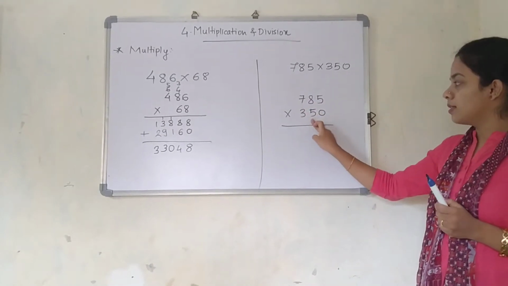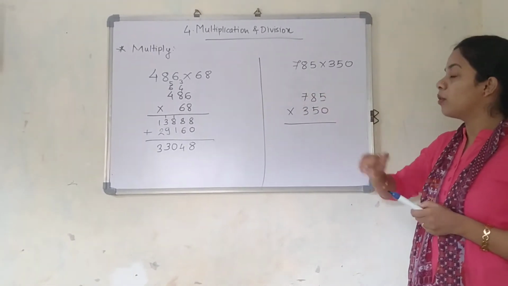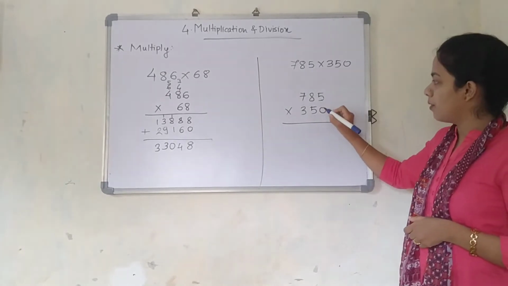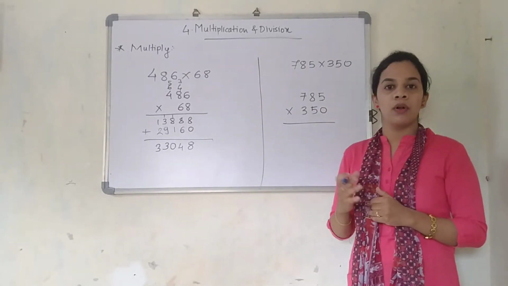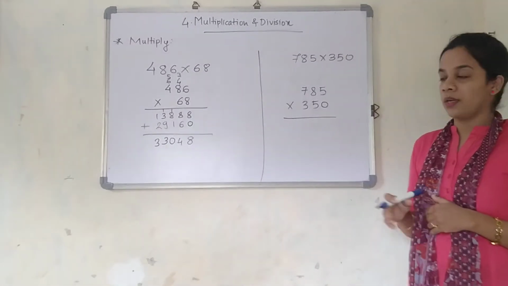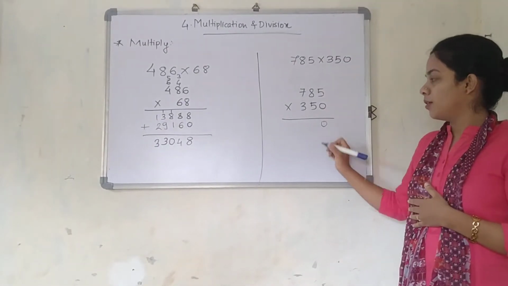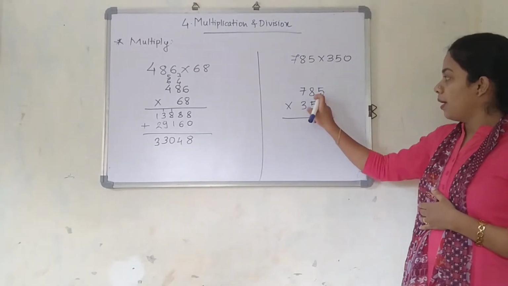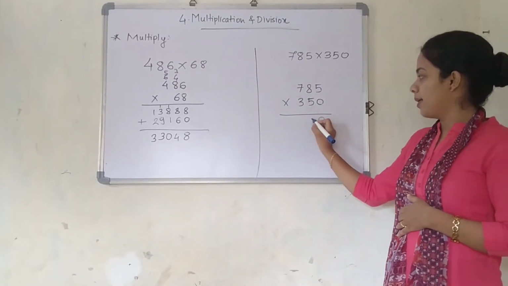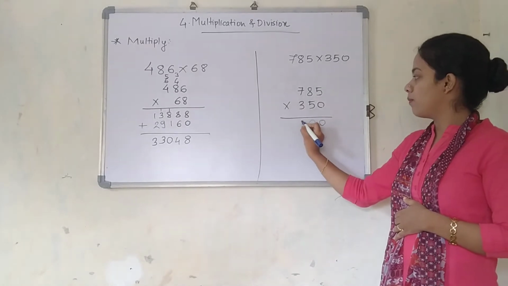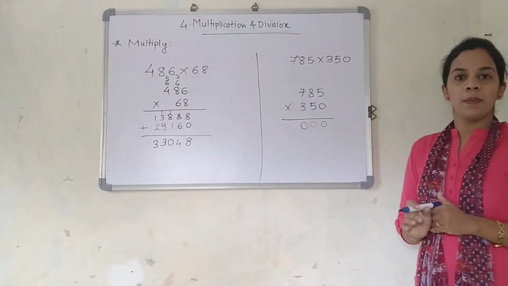Then we take this tens place and multiply with all the digits. And then we take the hundreds place and multiply with all remaining digits. So now we will start with it. 0 into 5. What will be the answer? 0 itself. 0 into 8. What will be the answer? 0 itself. And 0 into 7. What will be the answer? 0. So that part is okay.